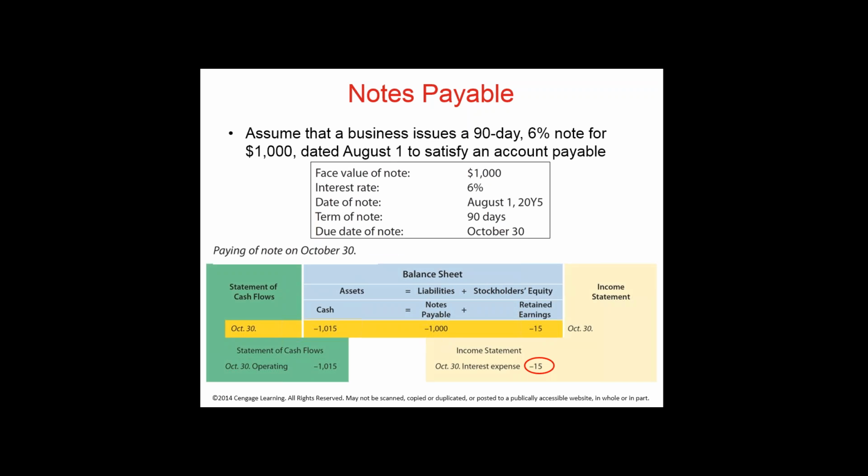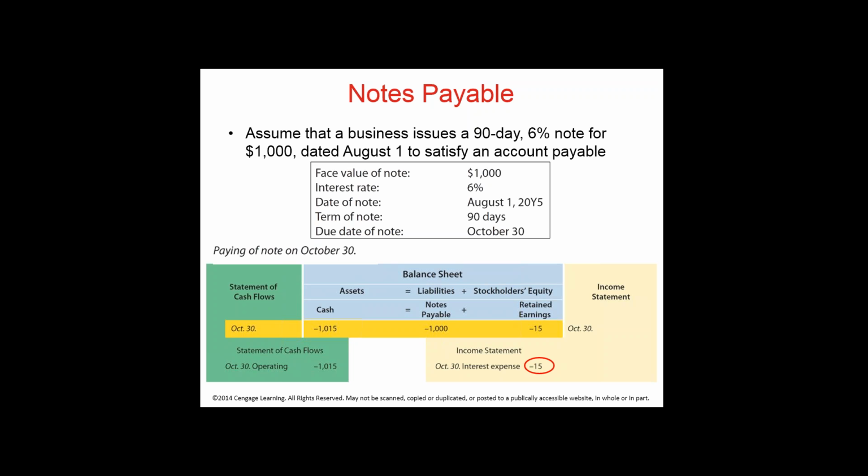So in this case, it would be $1,000 times 0.06 times 90 divided by 360, which gives us an interest of $15. Now, when we write the check to pay the note in full, we're going to write the check for $1,015.